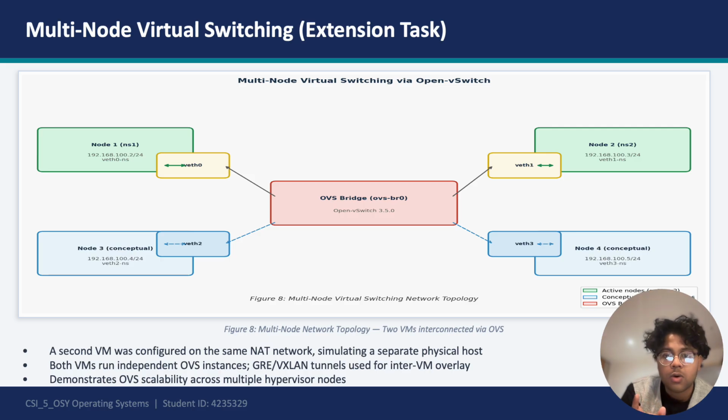This is exactly how OpenStack and Kubernetes networking work in production. OVS bridges on each compute node are connected by VXLAN tunnels, creating a virtual overlay network that spans the entire cluster. This extension demonstrates the real-world scalability of Open vSwitch beyond a single machine.